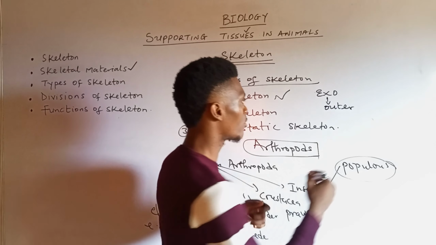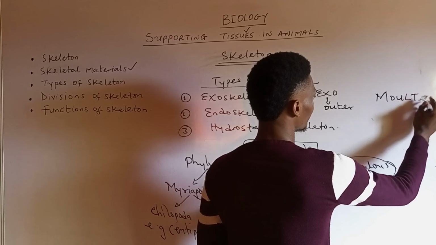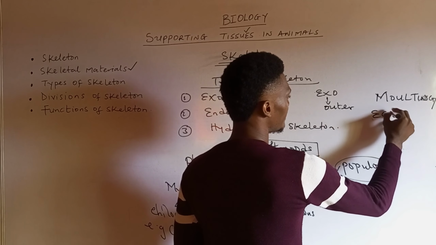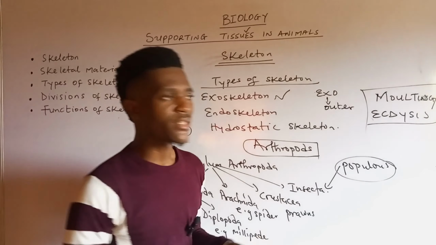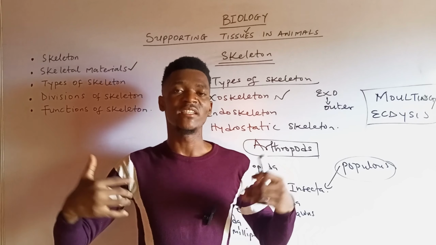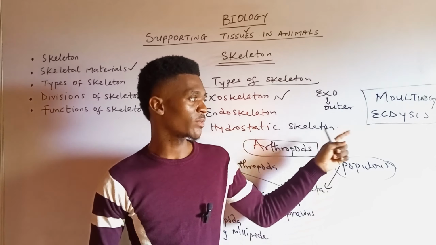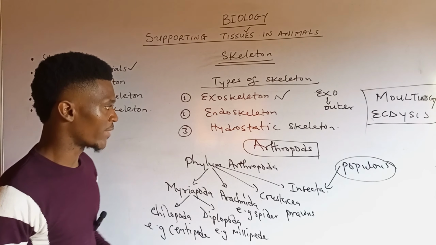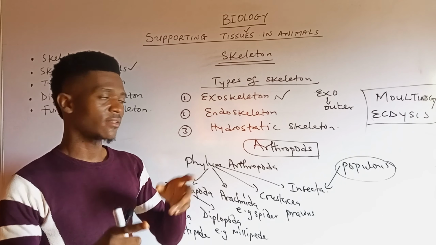That process is called molting, or you can call it ecdysis. So the process in which arthropods shed off their exoskeleton in order to get it replaced and increase in size is called molting or ecdysis, and that is usually exhibited by arthropods. So the main skeletal material of exoskeleton remains chitin.